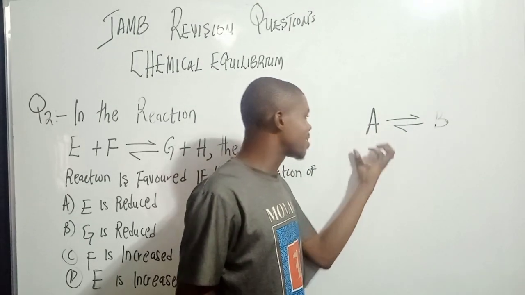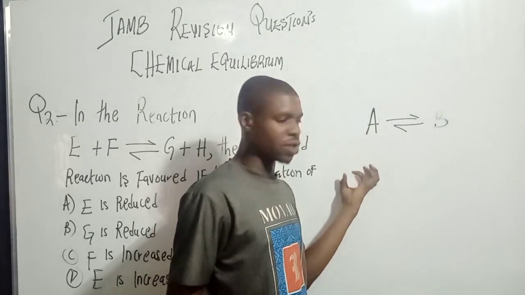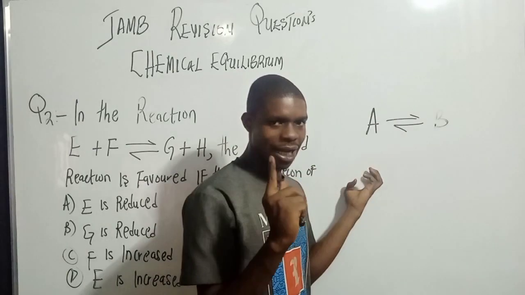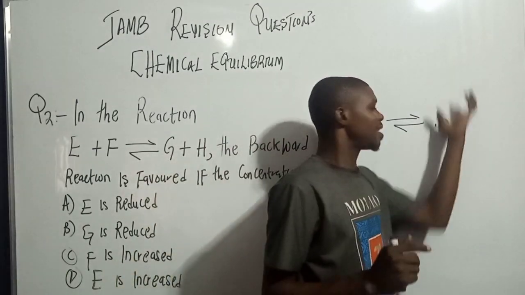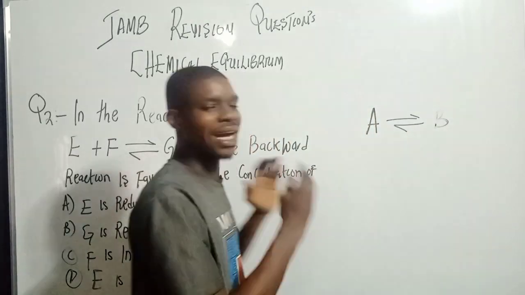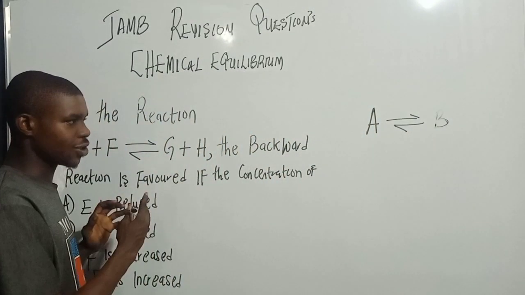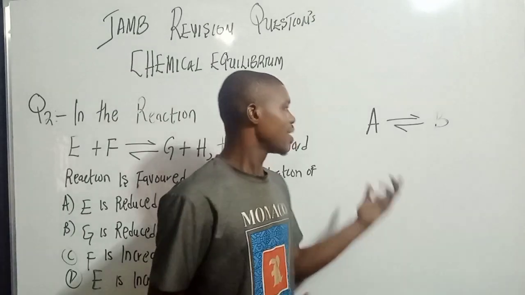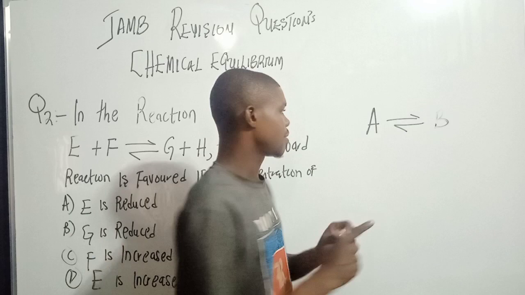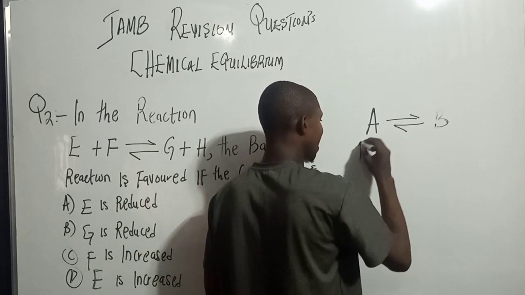Decreasing the concentration of the reactant will shift it backward. Do you get that? Or you increase the concentration of the product. So there are only two ways in which it can favor the backward reaction. What did I say again? You decrease the concentration of the reactants. Remember here we have the reactants.